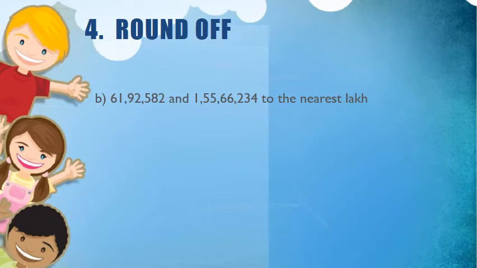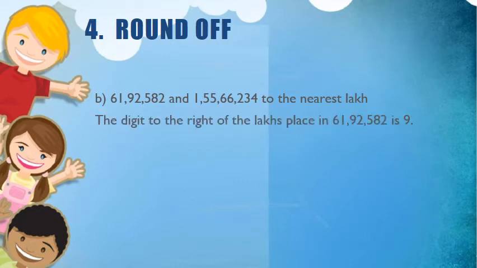Well, we have to round off two numbers, 61,92,582 and 1,55,66,234 to the nearest lakh. First, we will take the first number, that is 61,92,582. We have to round off this number to the nearest lakh.